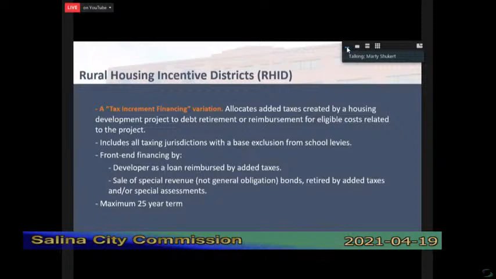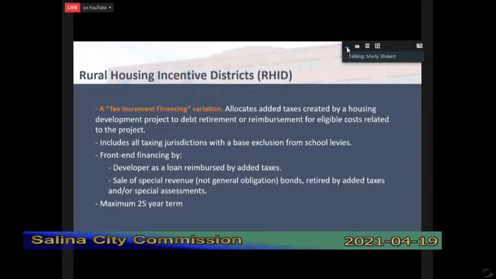And I'm going to build a $1 million project on it. So the tax base is frozen at $50,000 for a certain period of time. And the added taxes from the added $950,000 of value can be used to finance certain eligible development-related costs.